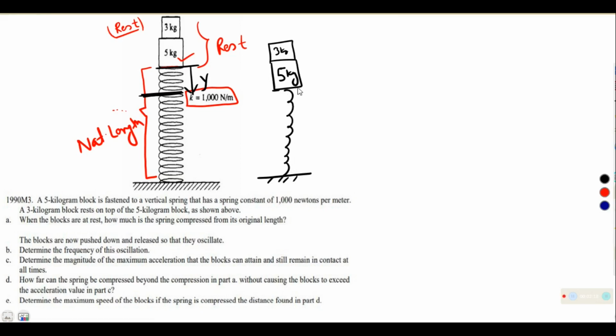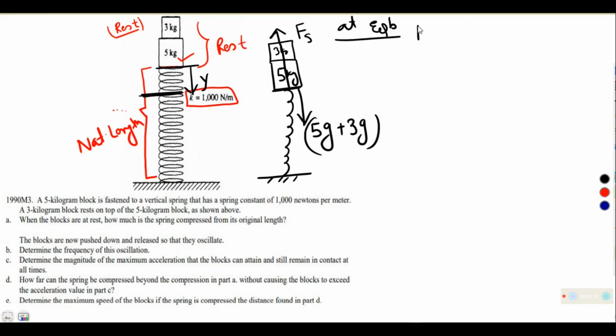Then 5g plus 3g, that is mg, acts downward, and the spring force Fs acts upward. So at equilibrium, Fs should be equal to 8g.